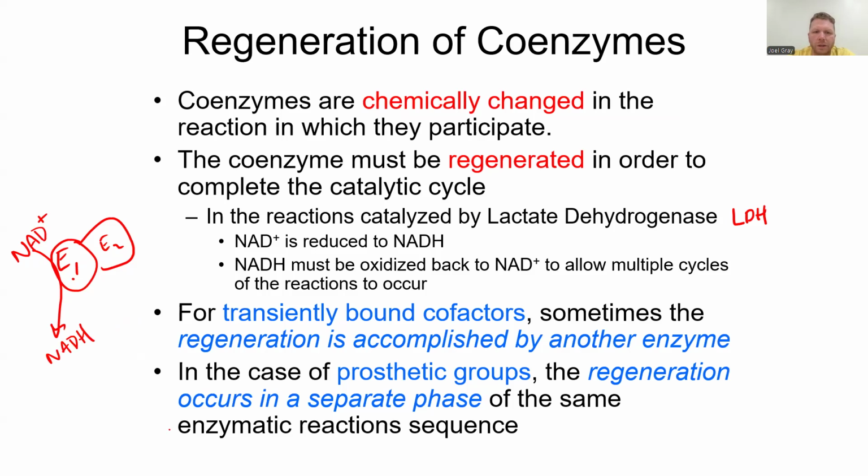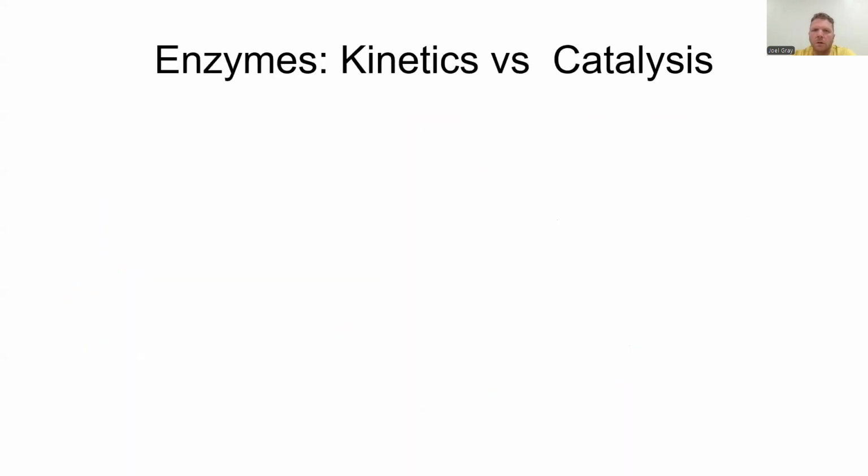Well, then what E2 is going to do, as part of the same complex, is take the resulting NADH and convert it back to NAD plus. So it's going to keep the system kind of afloat, keep the system moving. Now, in the case of prosthetic groups, the regeneration occurs in a separate phase of the same enzymatic reaction sequence.